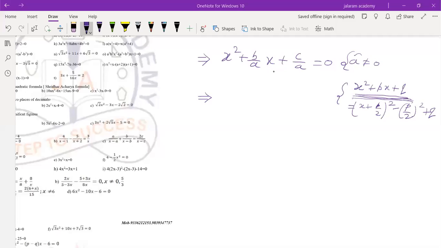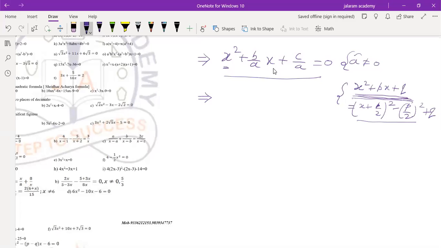Okay. Now use the method to factorize this. Sir, x square plus b upon ax is equal to x square plus b upon a upon 2 x whole square, minus b upon a upon 2 whole square plus c upon a is equal to 0.